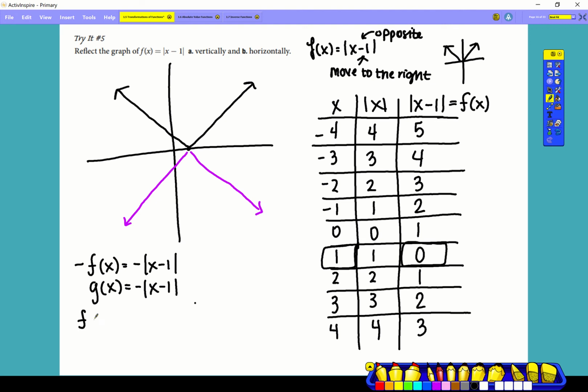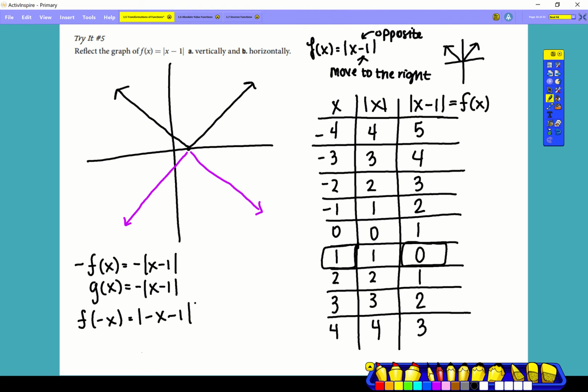Now, if we have f of negative x minus 1, then what will that give us? Shall we make another table, or I guess I don't really have you guys to ask, huh?